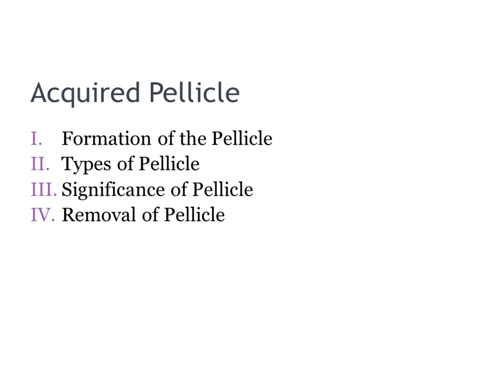The composition is primarily glycoproteins that are selectively adsorbed by the hydroxyapatite of the tooth surface. The protein components are derived from the saliva, oral mucosal cells, the gingival crevicular fluid, as well as other microorganisms.